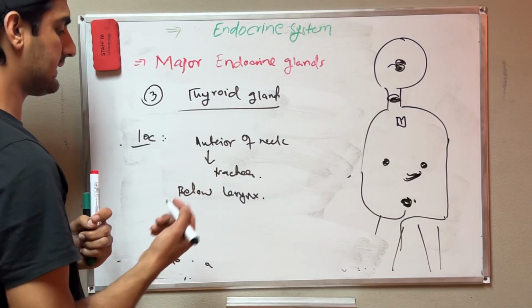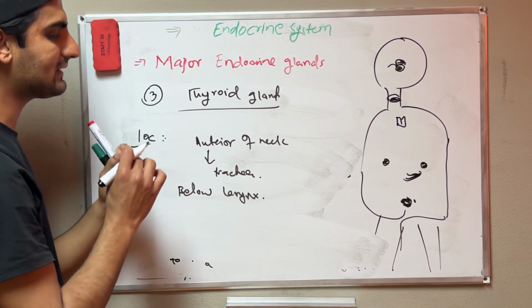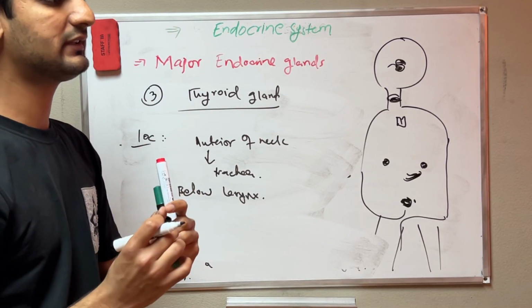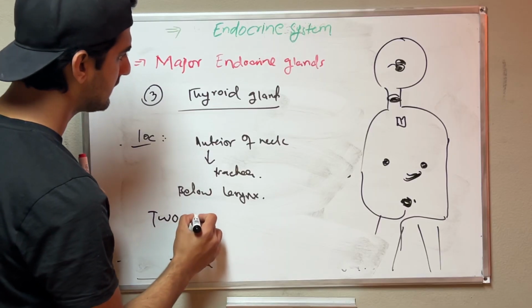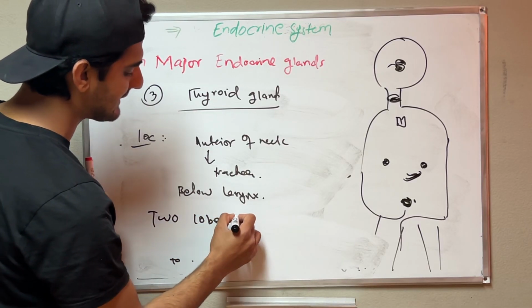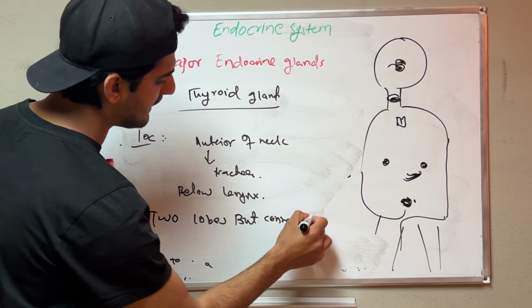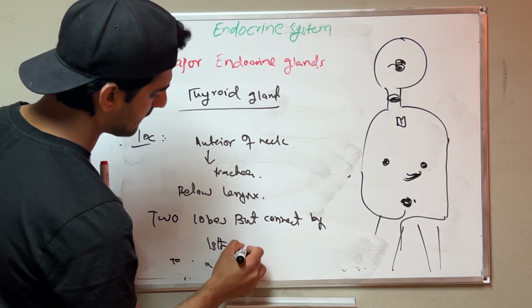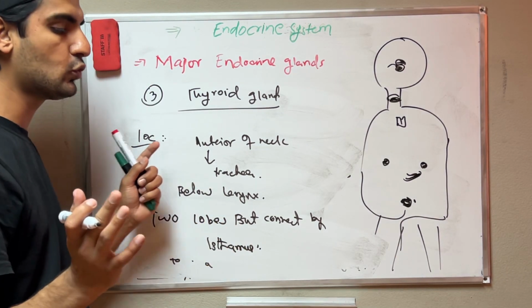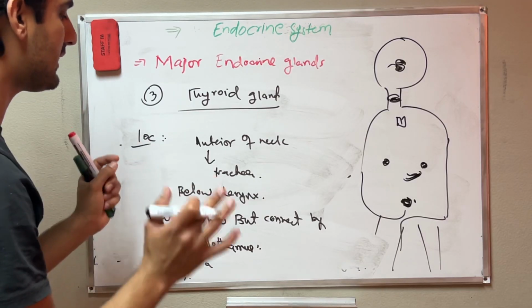Okay, now we know the location of this gland. It has two lobes, the two lobes of the thyroid gland, but they are connected by the isthmus. The area which connects the two lobes of the thyroid gland is called the isthmus. Now this is about the location.